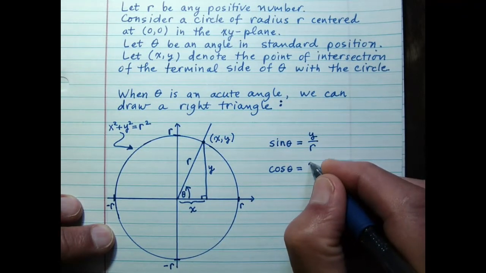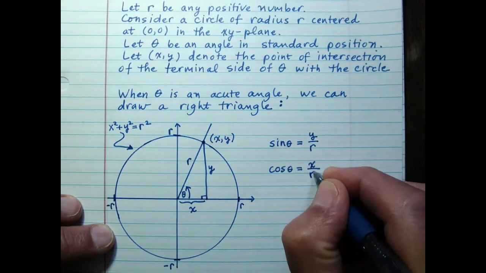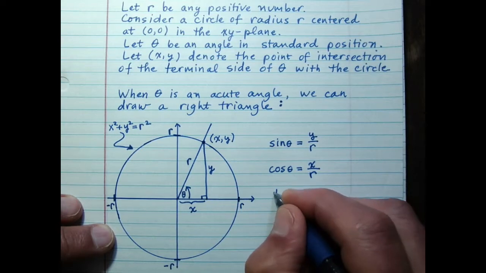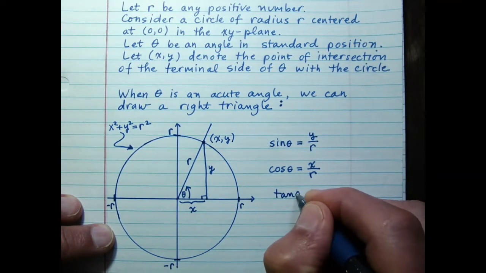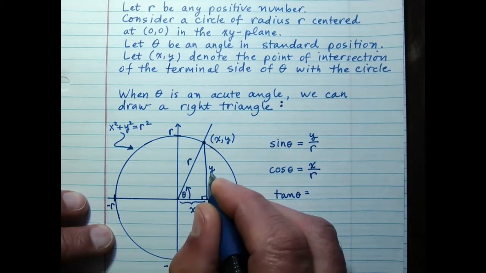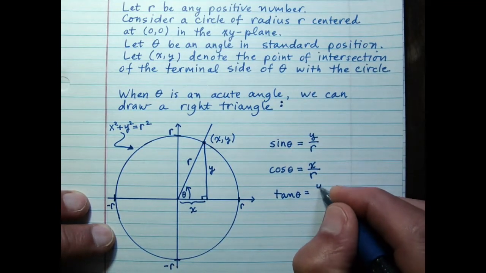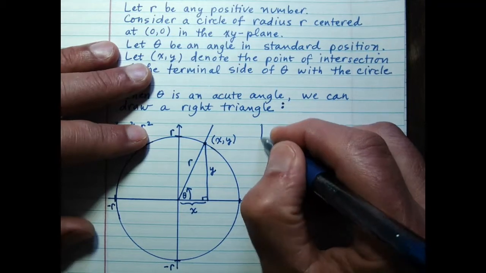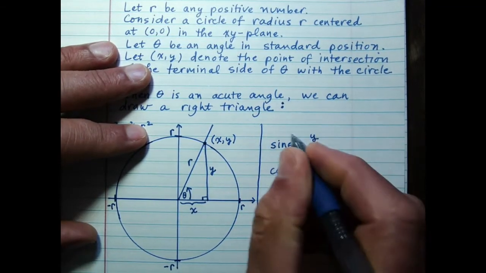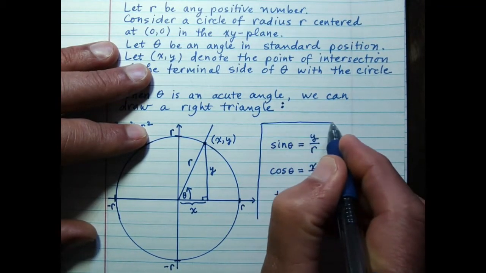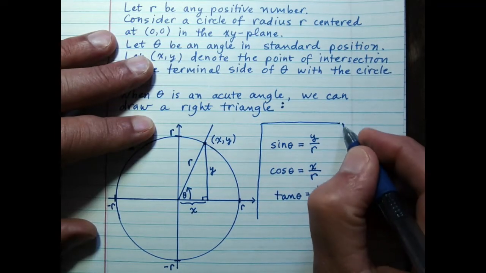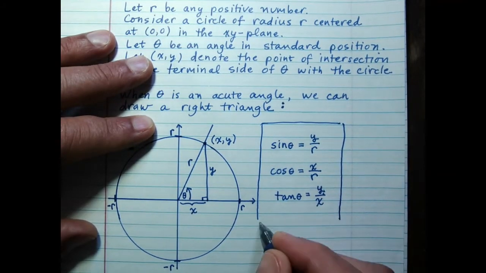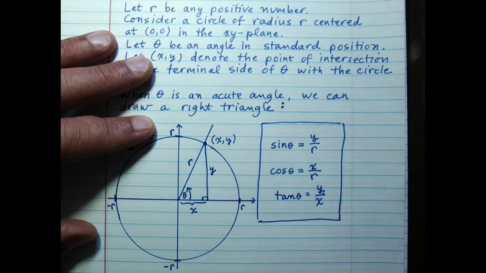In this picture, that's x over r. And tangent theta is opposite over adjacent. That's going to be y over x. So these three formulas are super important. I'm going to put them on a yellow card.